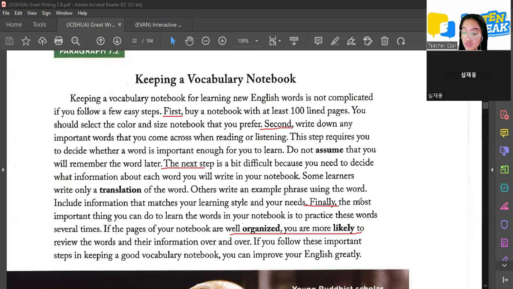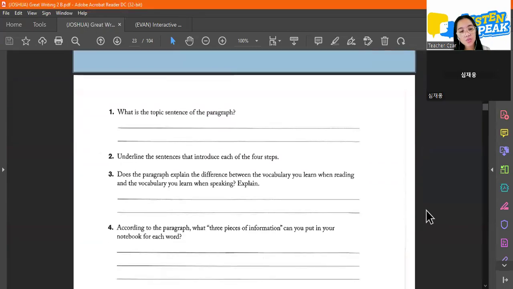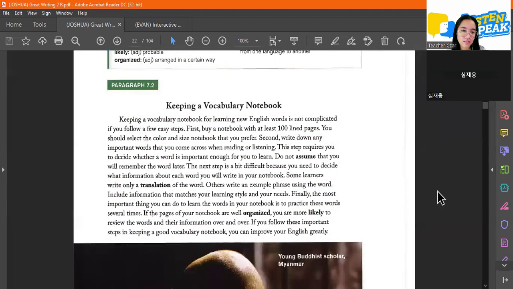No questions. Okay, so now let's move on with the next one. So once again, what is the topic sentence of the paragraph that we have?